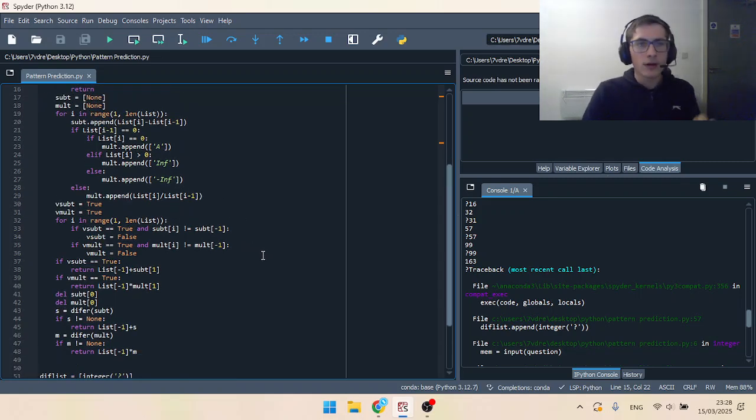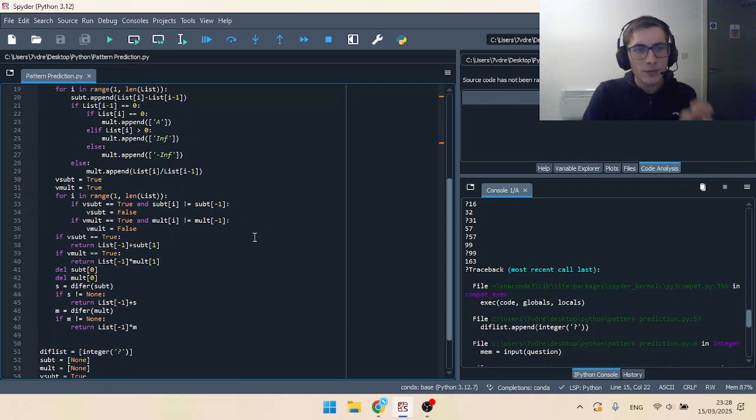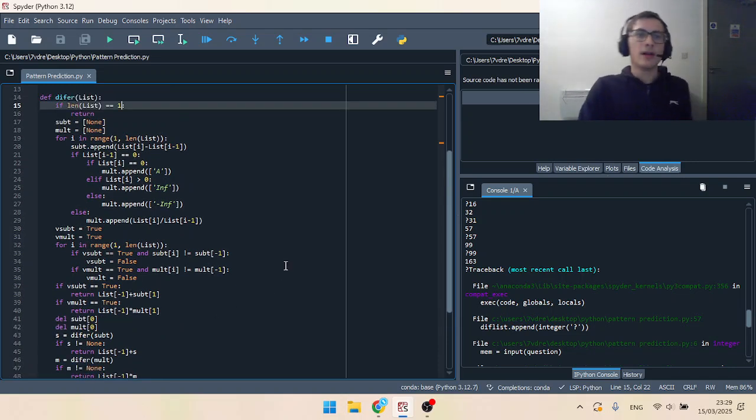And my program also does the same for the divisions between the numbers. It looks for the exact same thing and keeps going until there is only one item in that list of multiplications, of divisions.